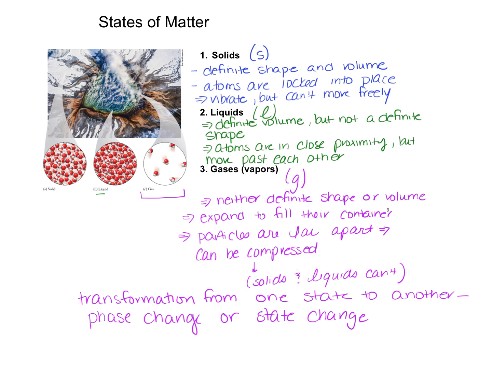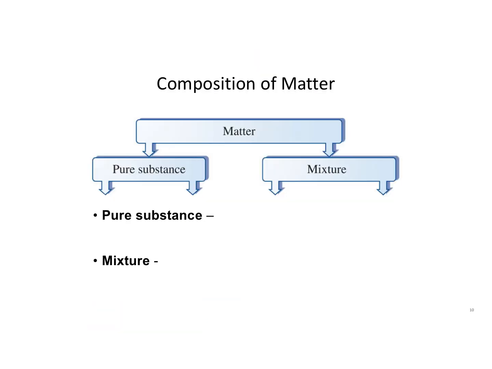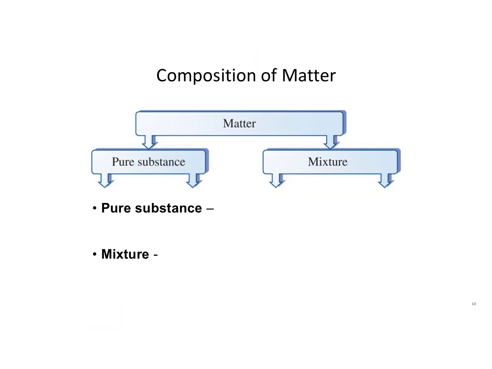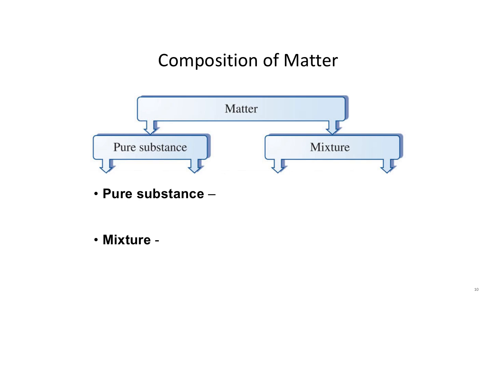Now, let's talk about the other way that we can classify matter, which is by composition. When we talk about the composition of matter, we can divide it into two different categories. We can say, hey, look, it's a pure substance, and that's a substance with only one component. Or we can say, hey, look, it's a mixture.